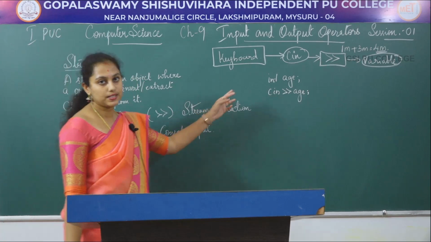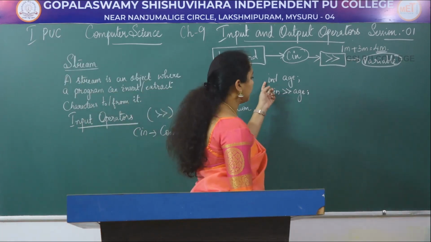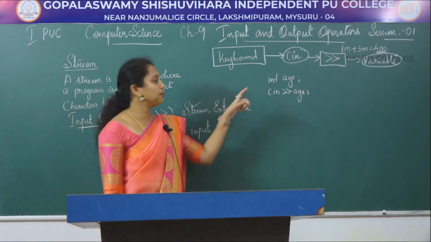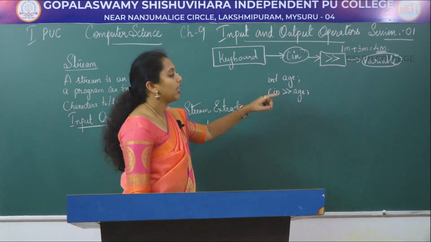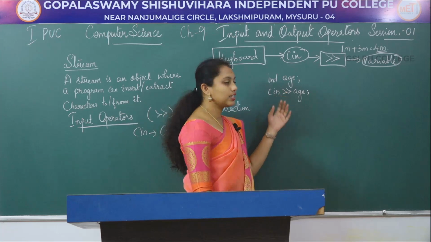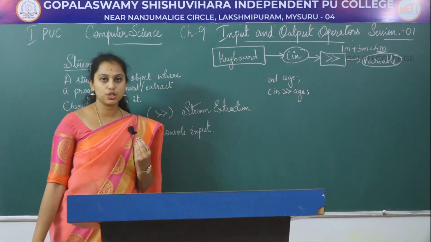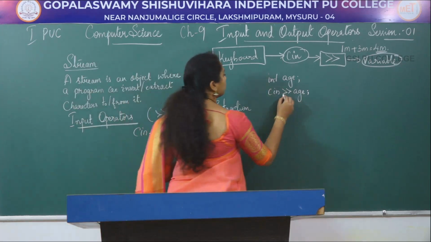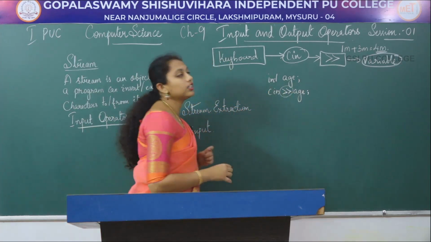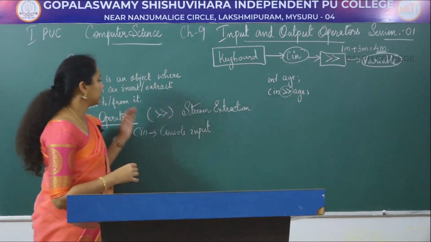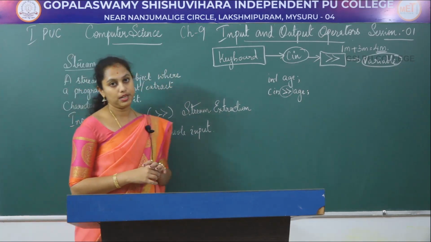In the first statement, we are declaring a variable called age of type int, and the second statement is used to extract the age from the user using this stream extraction operator. So this is about input operators.